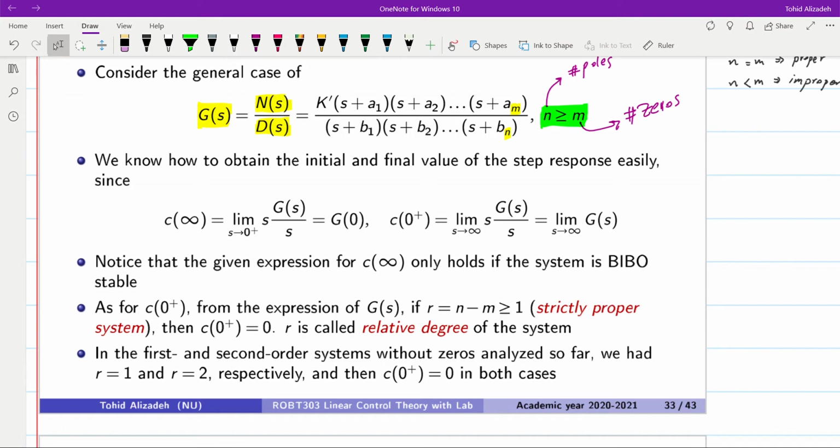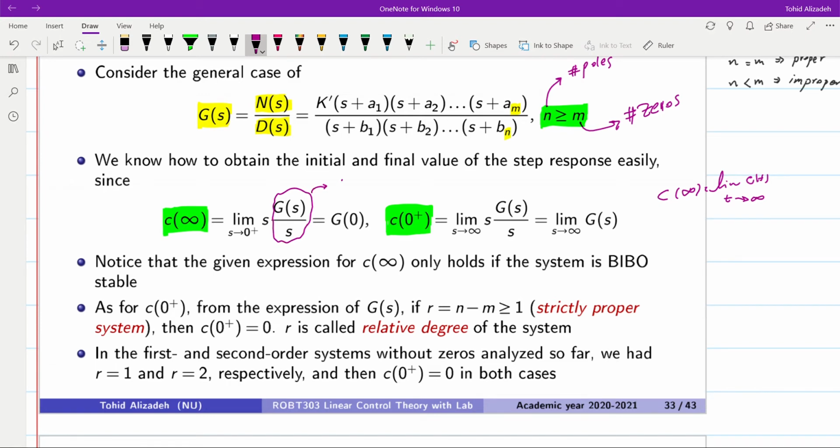When we have the system expressed in that form as a transfer function, we can easily figure out the values for the step response of the system at infinity, so the final value, and also the initial value, or c at 0 plus. And you can see here how we do it. C at infinity, which is indeed the limit of c of t as t goes towards infinity, could be obtained as the limit of s times C of s.